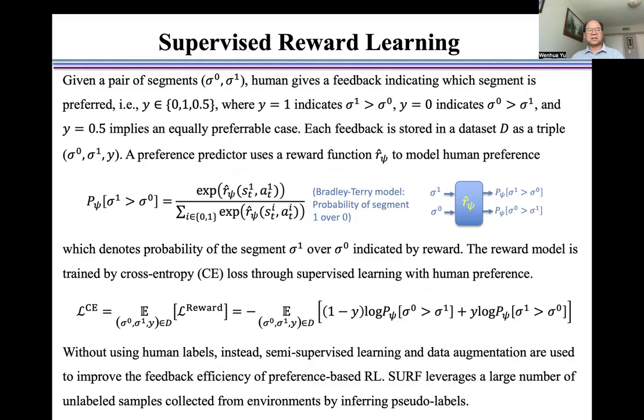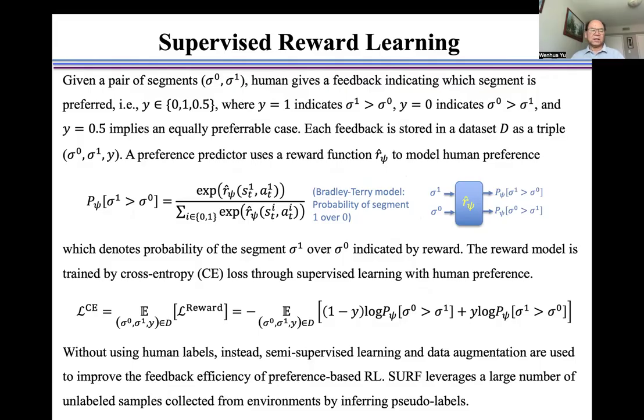A preference predictor uses a reward function, R psi hat, to model human preference as shown here. This is the Bradley-Terry model, explained in this figure, which denotes the probability of the segment sigma 1 being preferred over sigma 0 as indicated by the reward model.